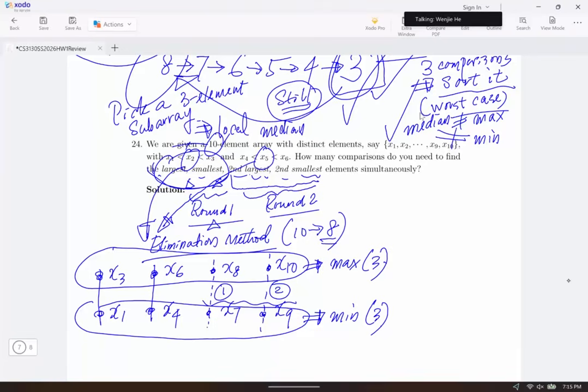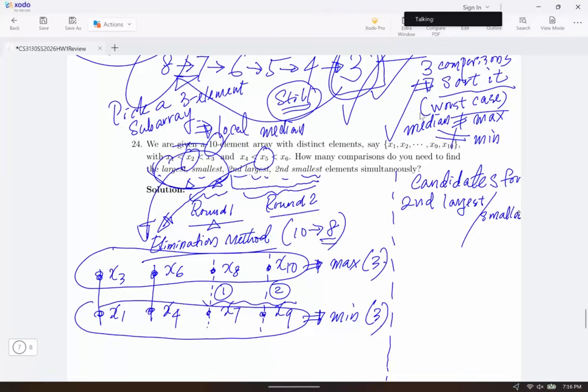Then the second round. That's the hard part. We need to do some deeper analysis work. Let's consider the candidates for the second largest and the second smallest.